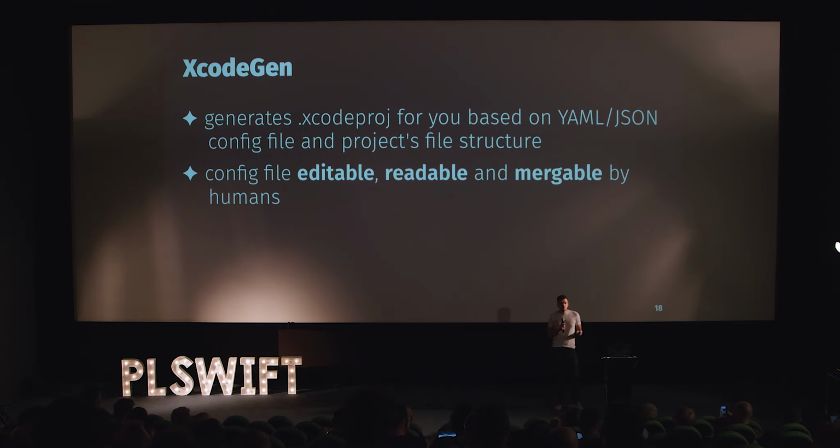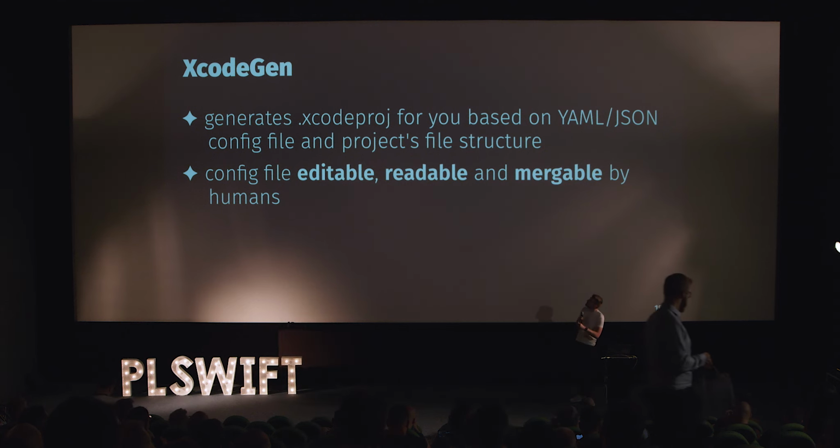Because when you deal with an Xcode project and you have to merge it, it feels clunky because this format does not feel designed to be dealt with as source code. It was only meant to be dealt with when you edited it through Xcode. And the project YML, you can edit it by yourself.